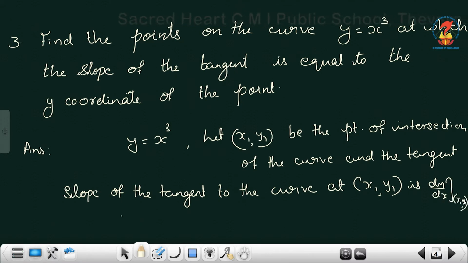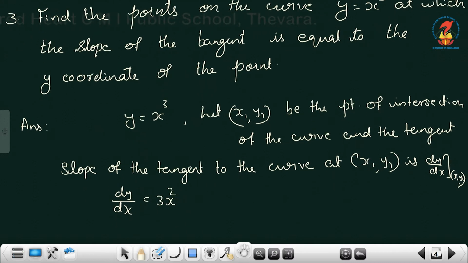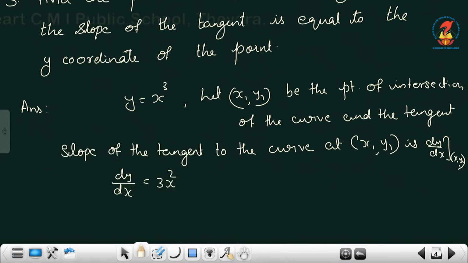Now we can find dy by dx. If y is equal to x cube, dy by dx is equal to 3x square. Now substitute the point. Therefore dy by dx at x1, y1 is 3x1 square.